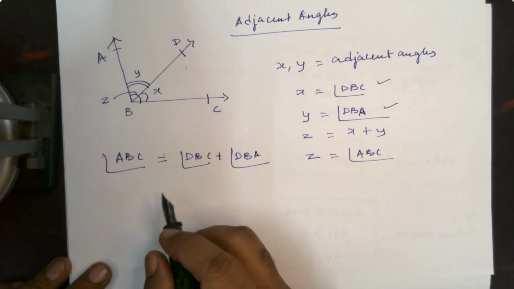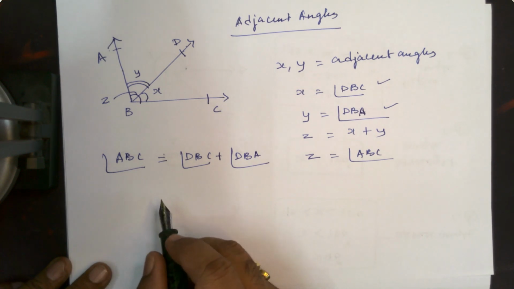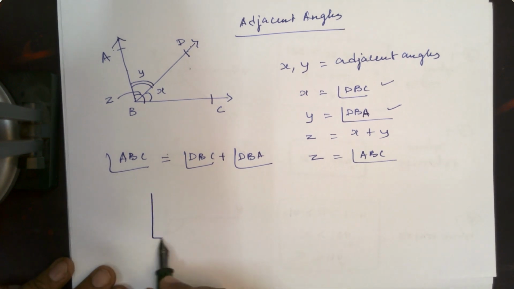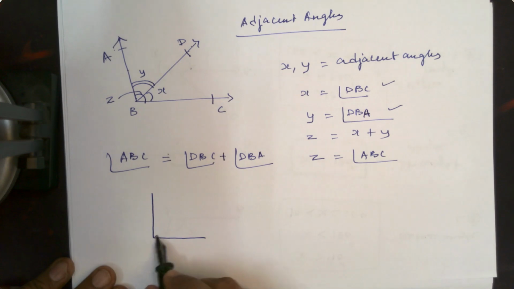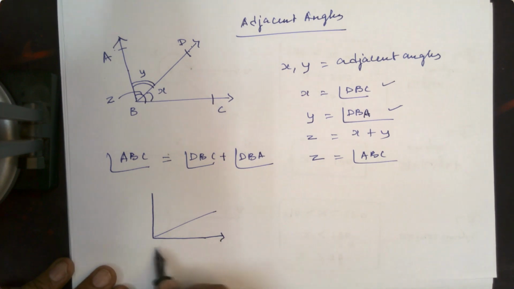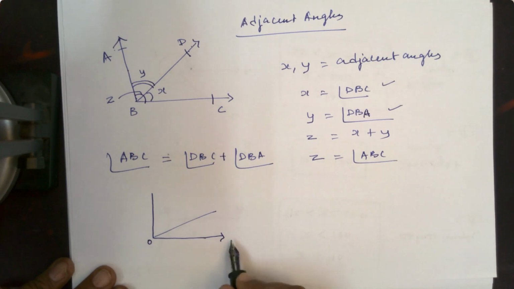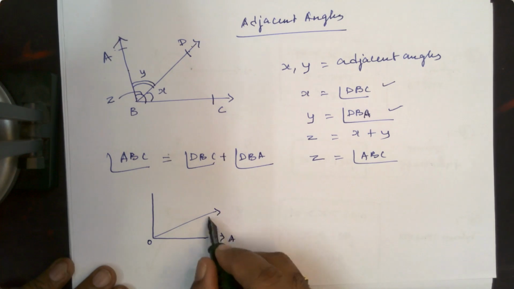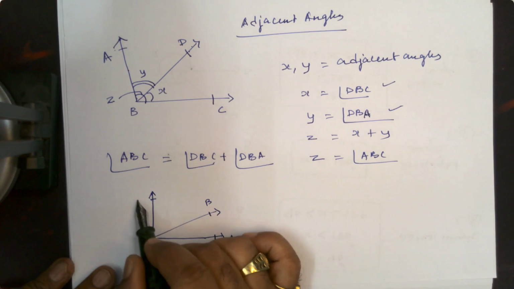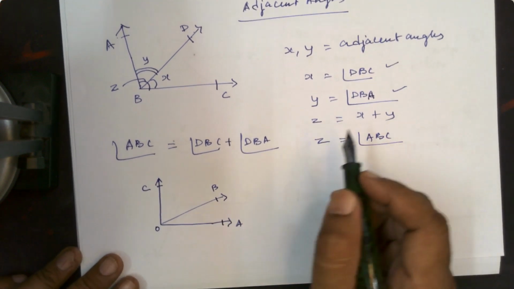Now let us consider a right angle like this. In between I have drawn another ray, another arm. Let us call this O, A, and this is B, and this is C. Okay?